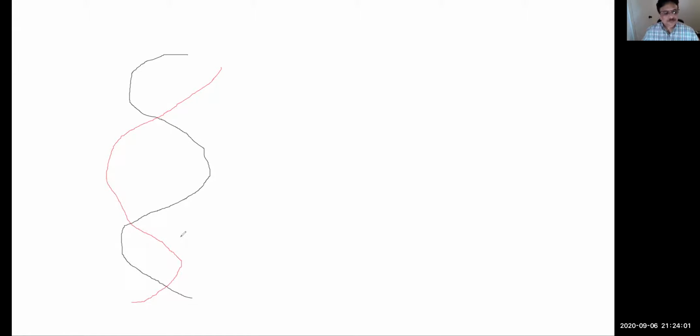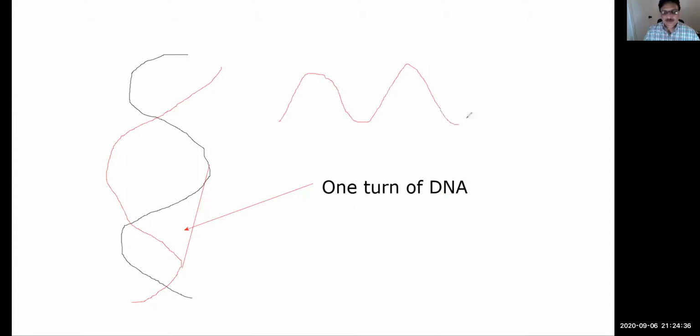So the distance from here to here is called one turn of DNA. It's not a perfect picture what I drew, but I'll try to make you understand that DNA is something like this.